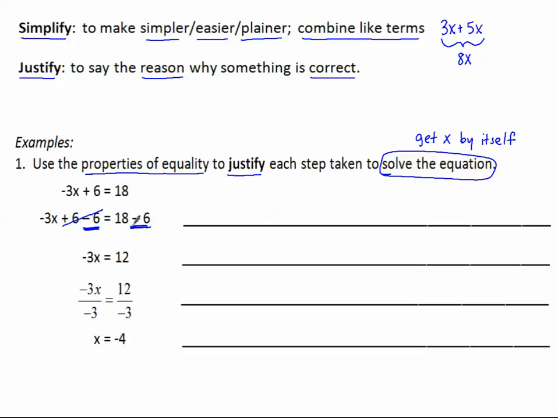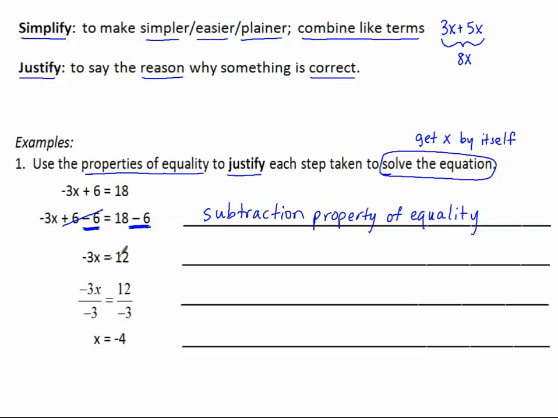So when I subtract 6 from both sides, I'm using the subtraction property of equality. Now, all of these are properties of equality. The different part is the name of the property of equality. Is it subtraction or addition or one of the other two?